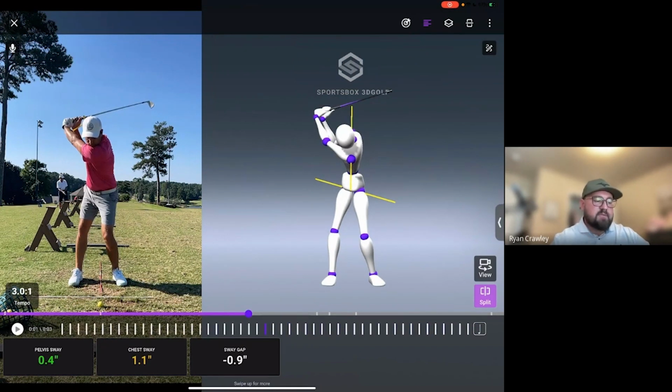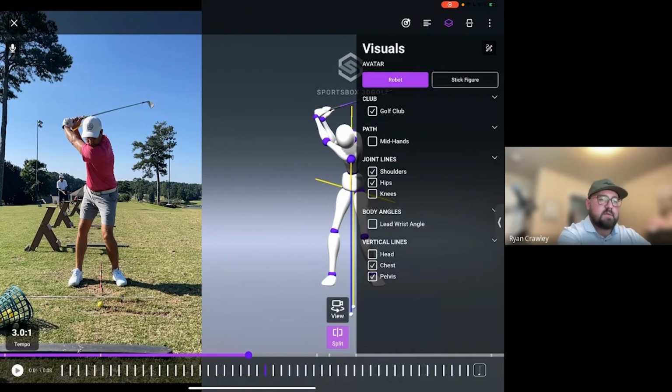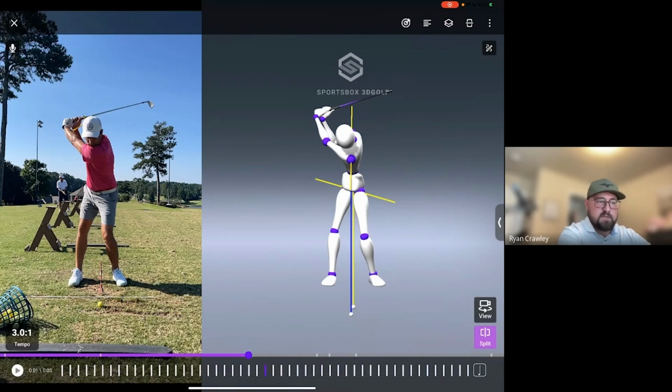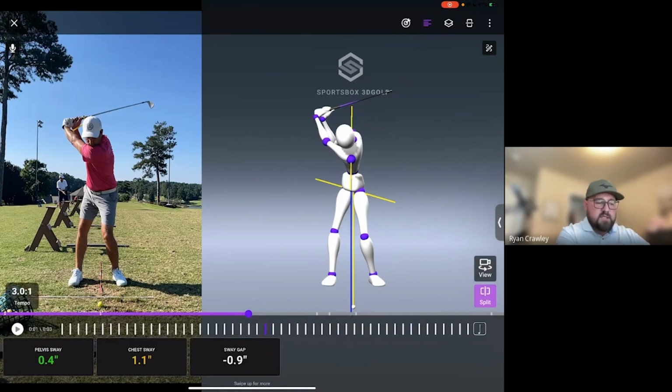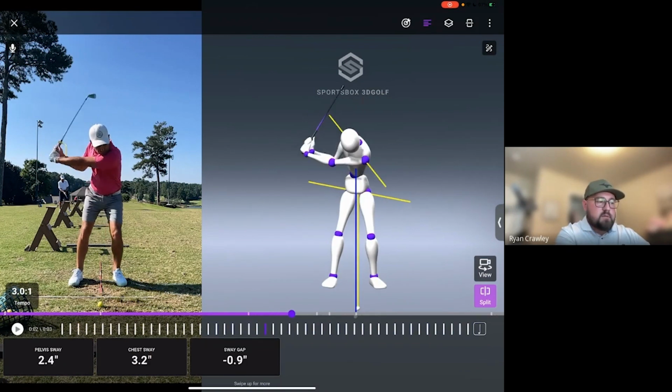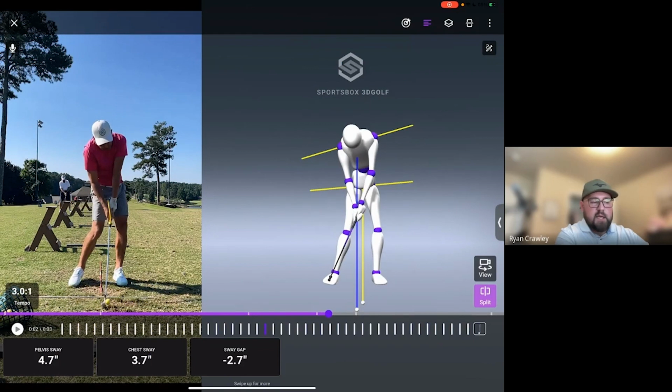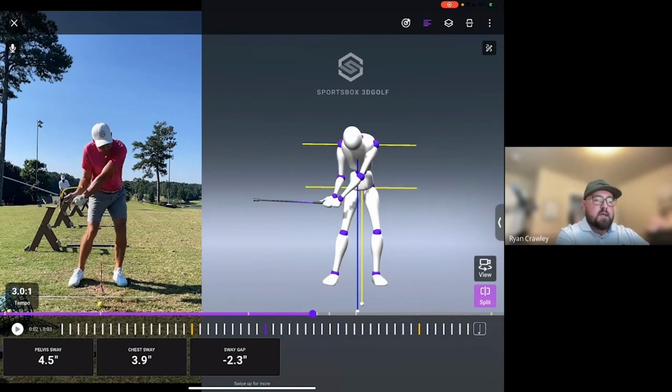So you can see at the top of his backswing now, that sway gap number is going to be negative. His chest is actually going to be behind the pelvis. Like I said, it took about 3 weeks for us to get that every single time. In his golf swing, he's always had a problem with hitting pulls and slicing it.